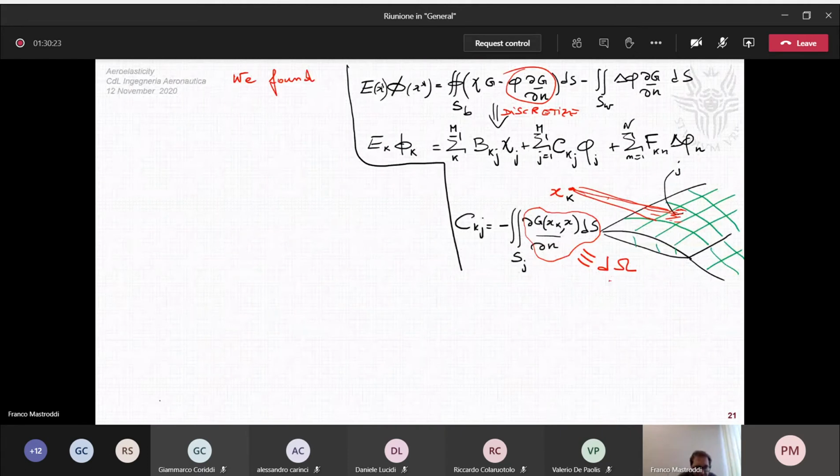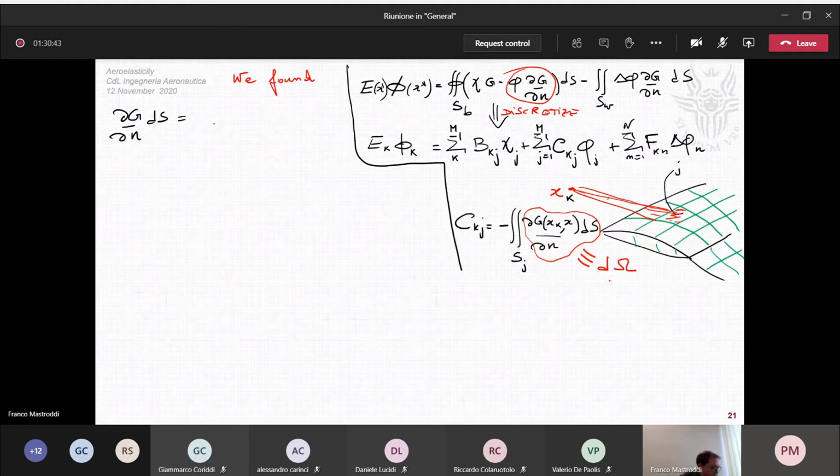In particular, at this point, consider the quantity dG in the n by dS, exactly this quantity here, surrounded by red color.